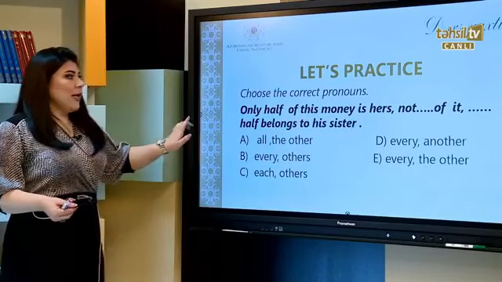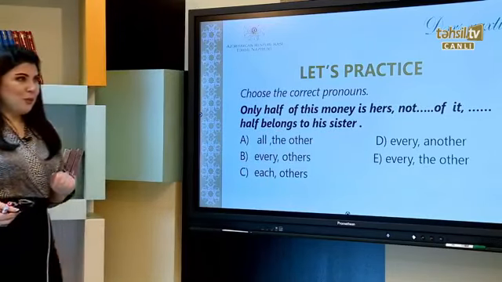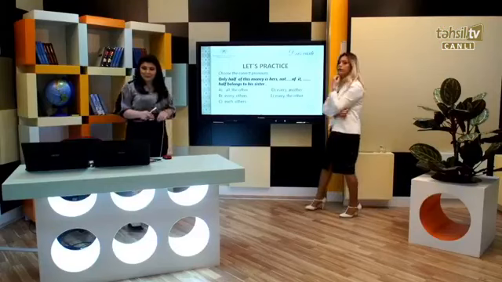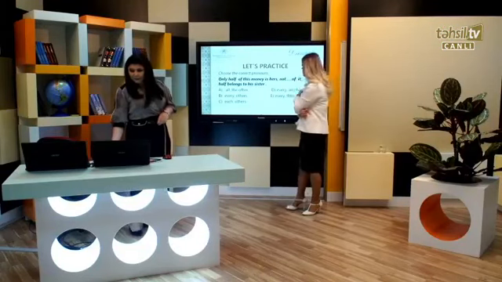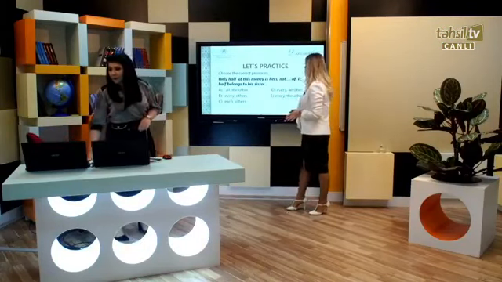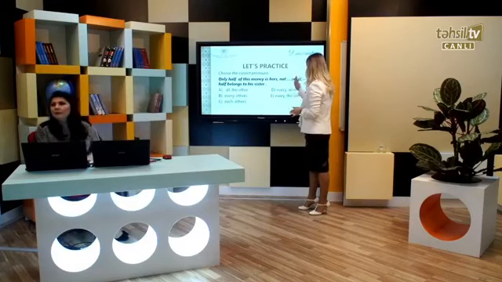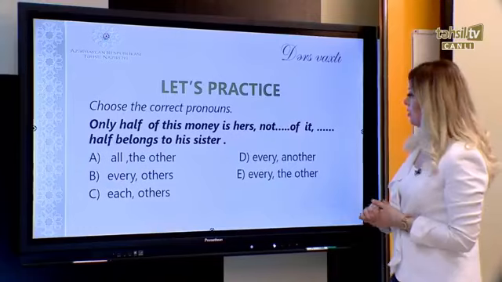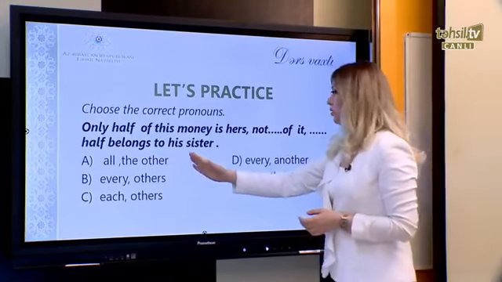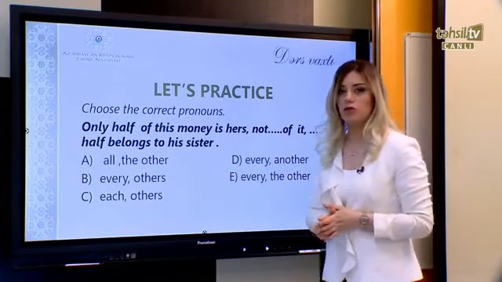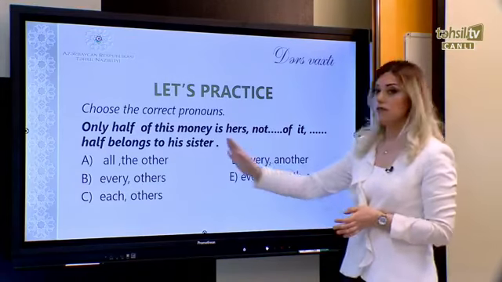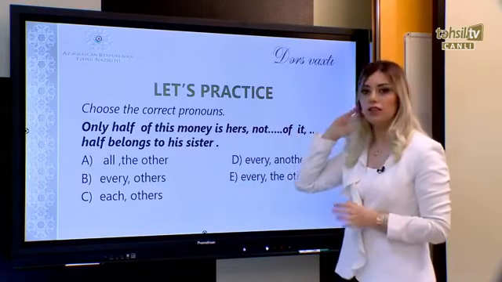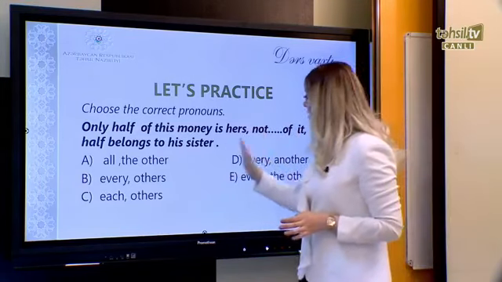Well, these students, and one more question, Mrs. Günel, will you please explain? Okay, let's look at this question. Only half of this money is hers, not all of it. The other half belongs to his sister. Let's keep this question in mind and look at the other ones. Not every of.